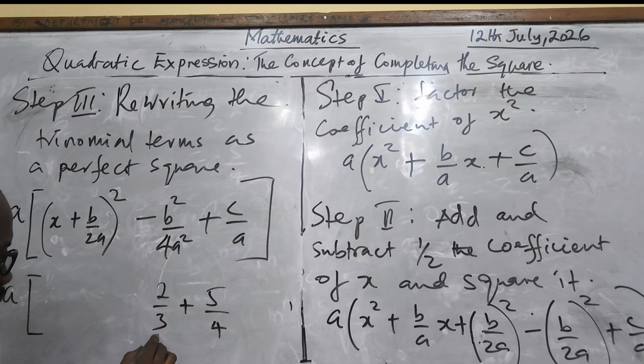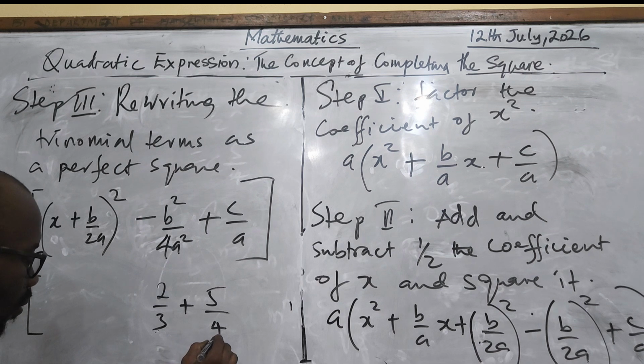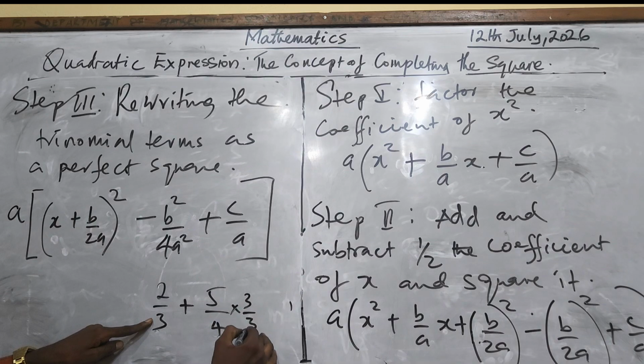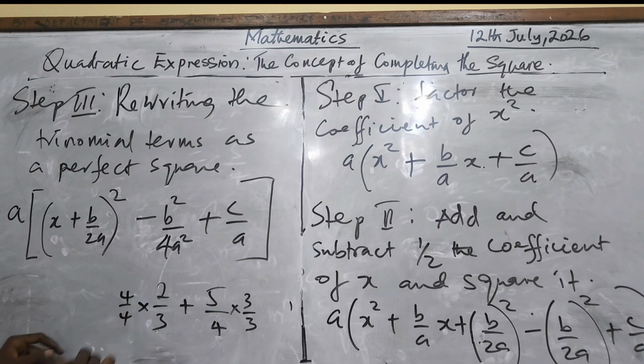I can ask myself, can we make 3 to resemble 4, or can we make 4 to resemble 3? Can 4 be divided by 3, or can 3 be divided by 4? The answer is no. So what we will simply do here is, I'm going to use this 3 and multiply the right term by 3 over 3, and take this 4 here and multiply the left term by 4 over 4.